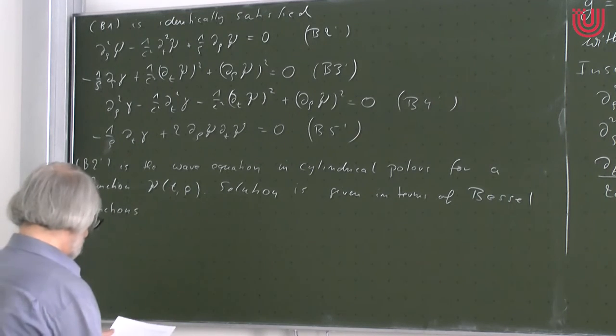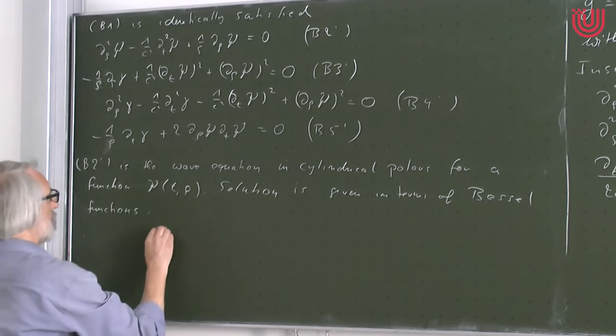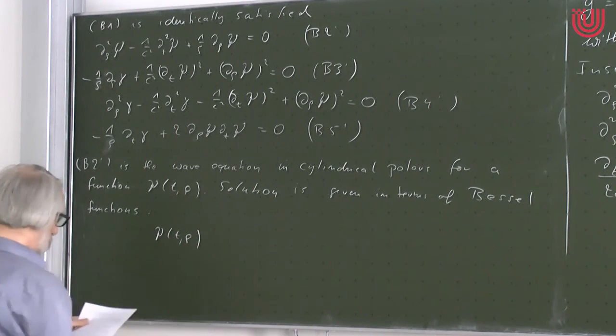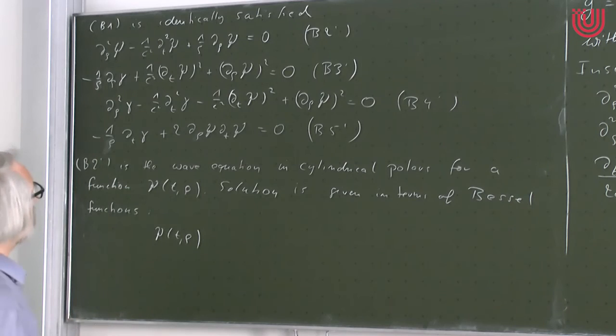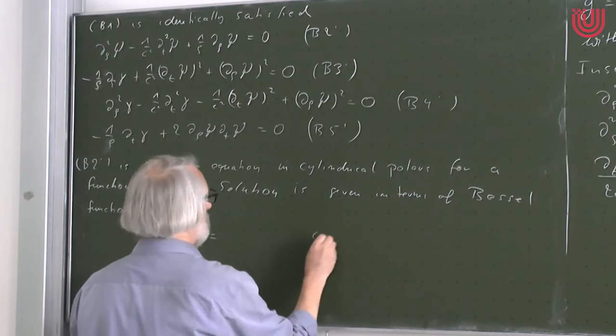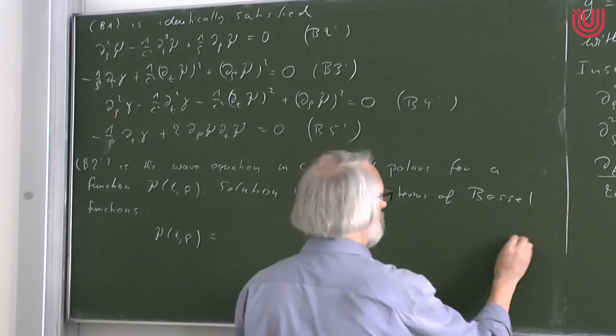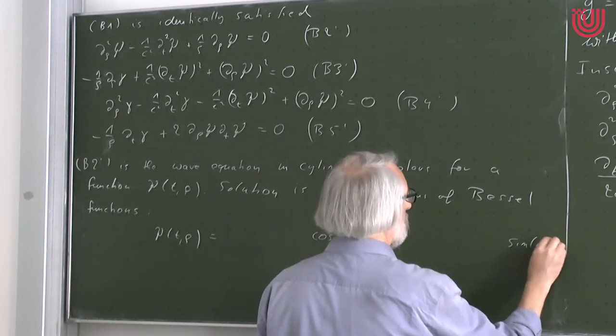Okay, so the solution is given in terms of Bessel functions. So psi of t and rho is what? Well, you can either write it in terms of e to the i omega t and e to the minus i omega t, or you can write it in terms of cosine and sine. I've chosen the purely real representation with cosine and sine.